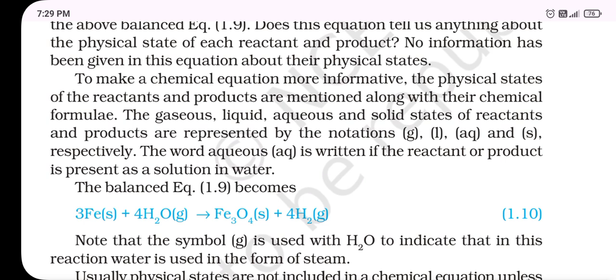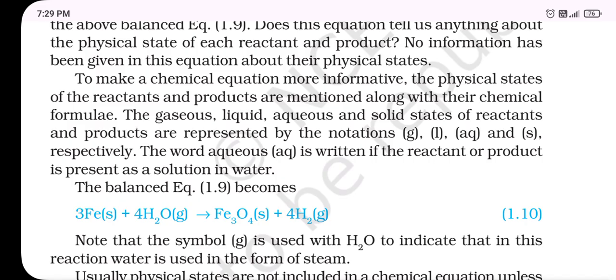And for liquid you have to use the notation l, and for the aqueous you have to use the notation aq. And what is aqueous? Aqueous means a combination of water and some other material.